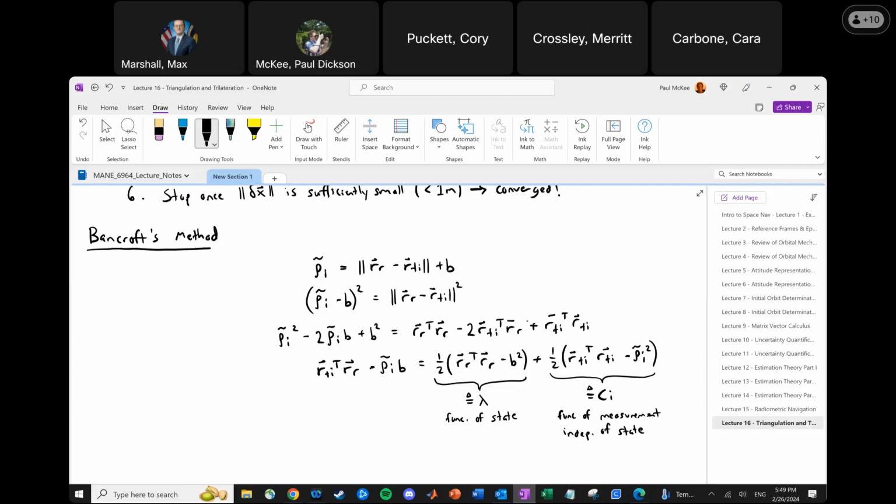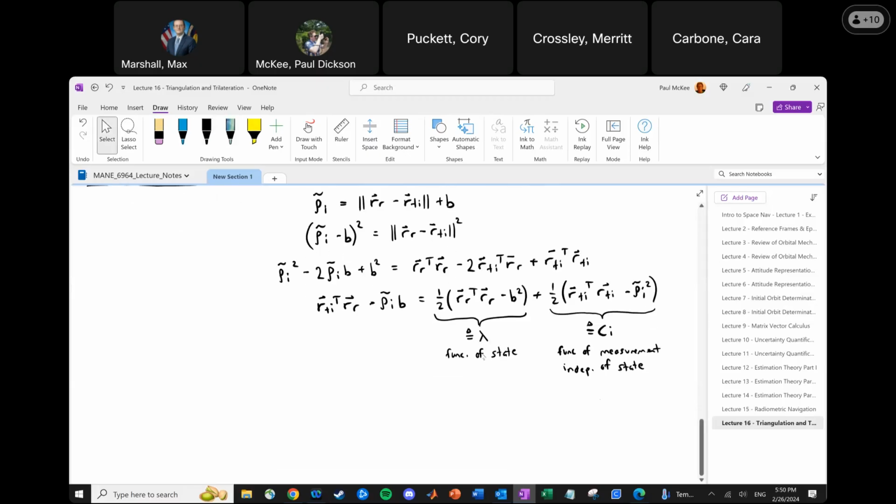All right, so we've got all this on the right-hand side. On the left-hand side, we've got R sub Ti transpose R sub R minus rho I B. What we'll see in a second is that this can be written as a linear-ish set of equations for R sub R and B. So bear with me for 1 second.